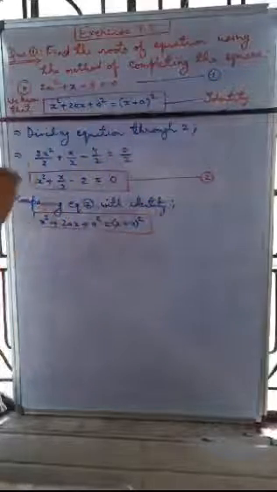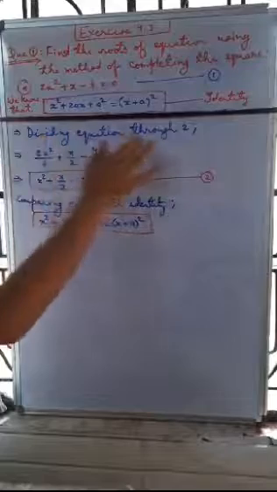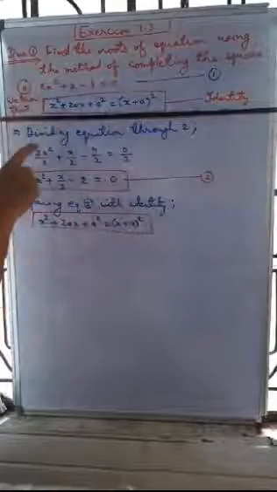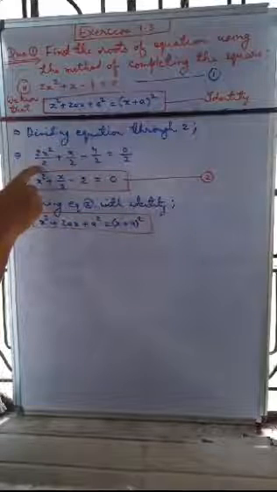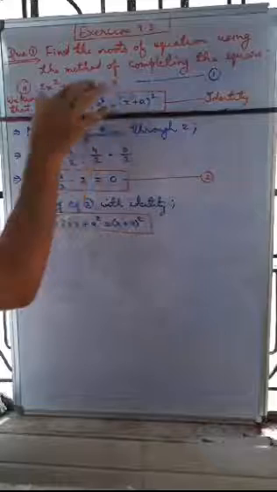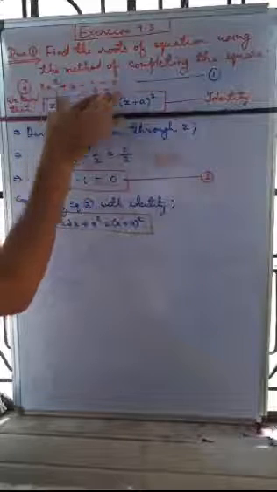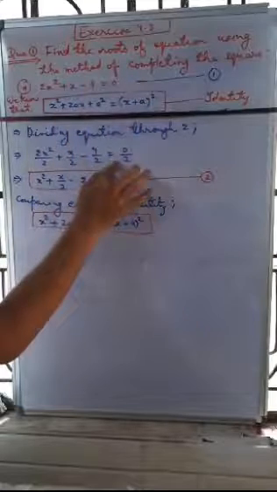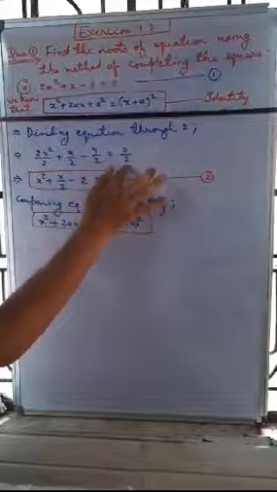So for this purpose we will divide the equation through 2. So we are dividing the equation through 2. So 2x square by 2 plus x by 2 minus 4 by 2, and if you are dividing through 2 on the left hand side, you need to divide also on the right hand side. So 0 by 2.